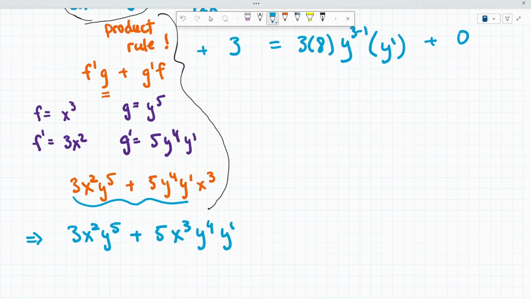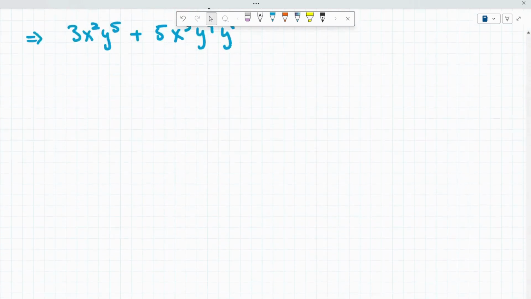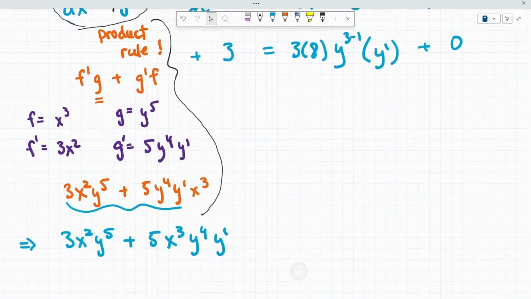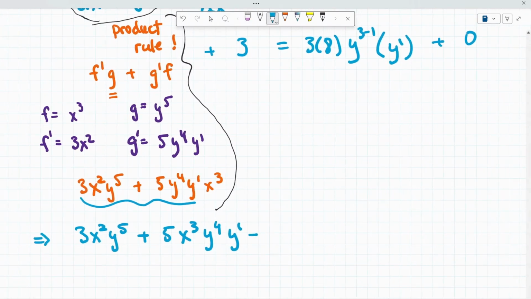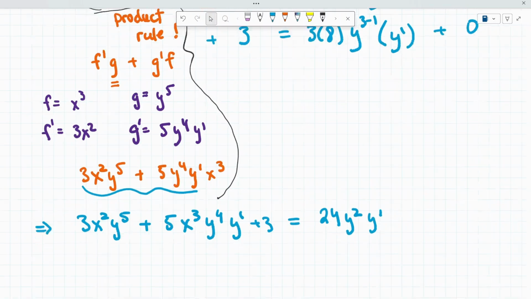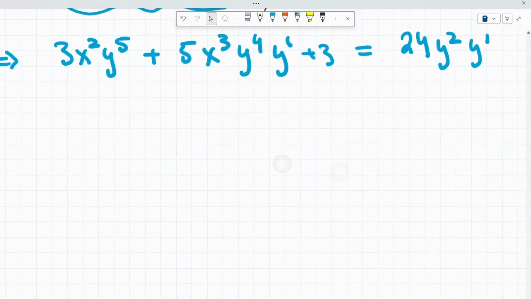And then we've got plus 3, and then our other side of the equation, so 3 times 8 equals 24, y to the power of 3 minus 1 equals y squared, and then we have y prime plus 0. Okay, so this is where we're at.